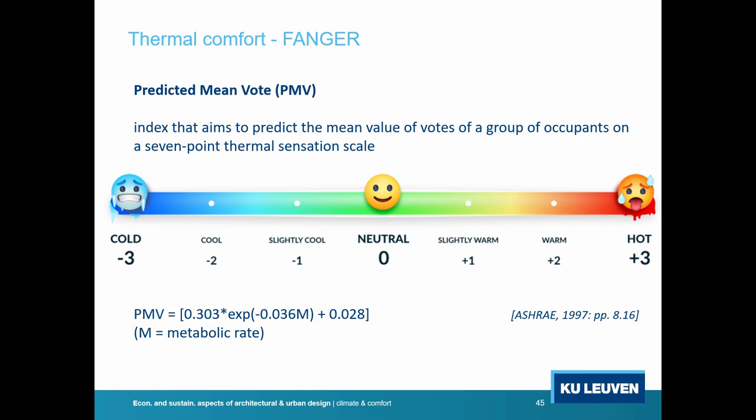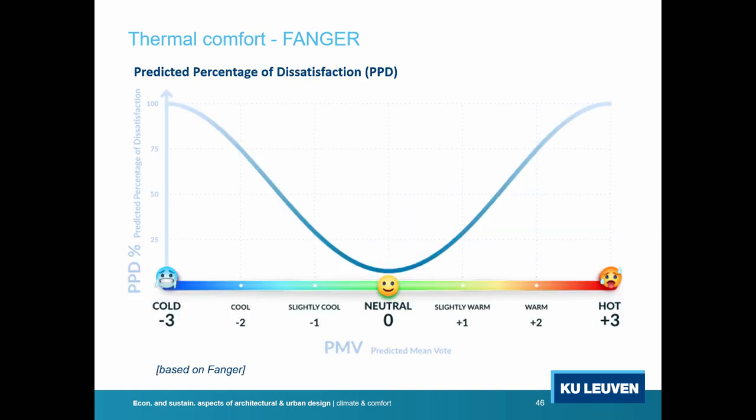And this formula he determined based on surveys to find a link between how people feel, how many people feel comfortable or not, compared to these metabolic rate results. And that's done based on the percentage of people who feel dissatisfied, either too hot or too cold. So there is a link between this predicted mean vote, feeling neutral, cold or too hot, and the percentage of people that do feel that.